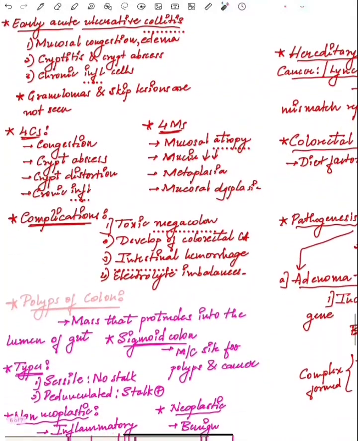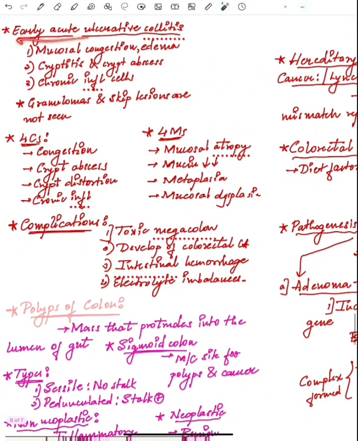Now coming to early acute ulcerative colitis. Here we can see mucosal congestion, edema, cryptitis and crypt abscesses, chronic inflammatory cells. Granuloma and skip lesions are not seen in this feature. It can be remembered by 4 C's, that is C for congestion, C for crypt abscesses, C for crypt distortion, and chronic inflammation.